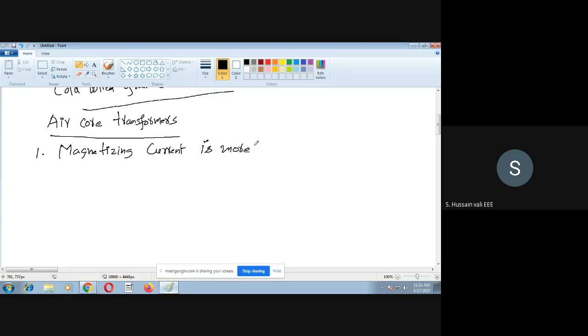I explained in the last class magnetizing current, for example, you have two windings. This is a winding, this is a winding. Of course, it's an air core transformer.